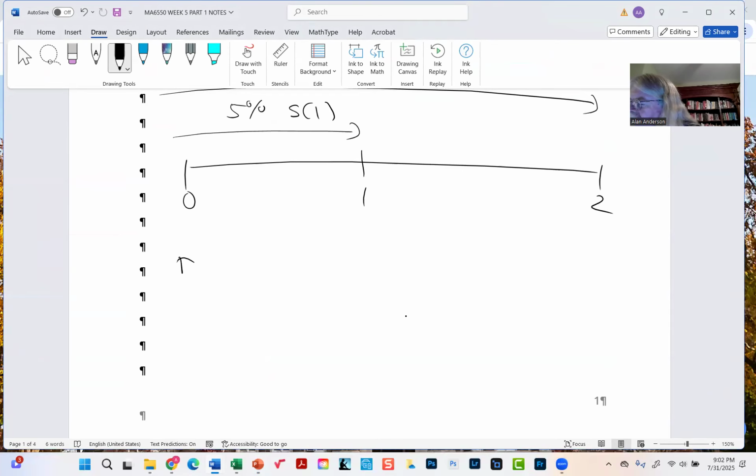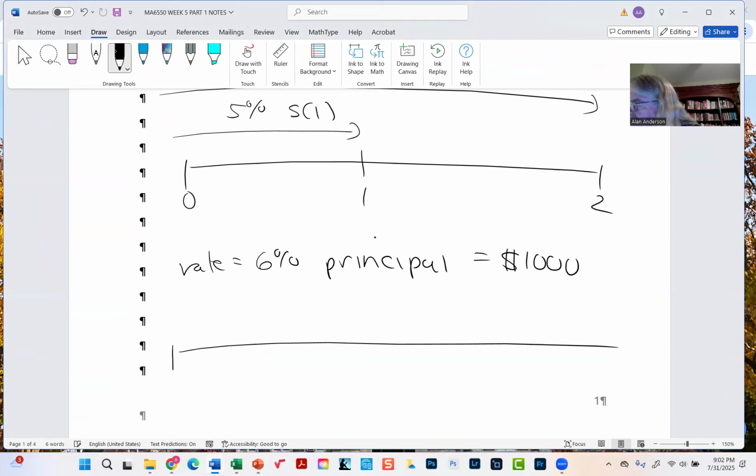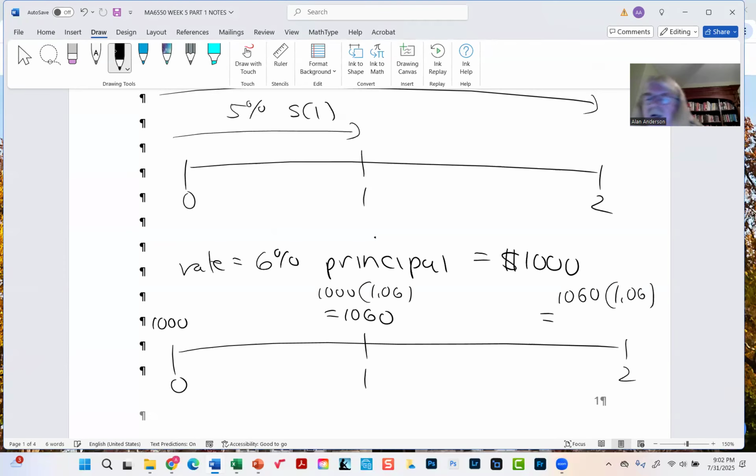we have 6%. And the principal that we invest is $1,000. At the end of the first year, we have 1,060. At the end of the second year, we start with the result of the previous year.